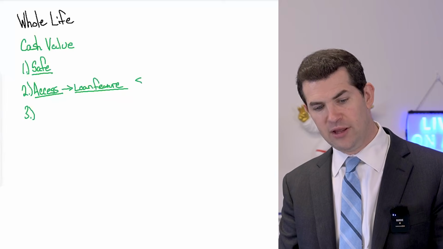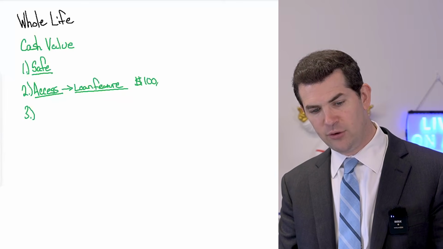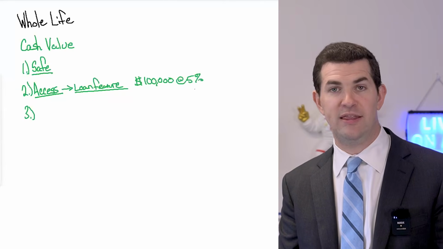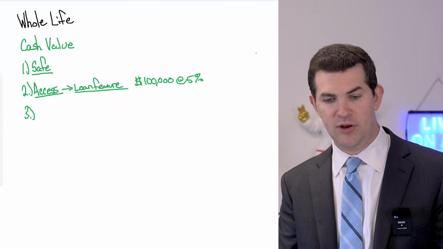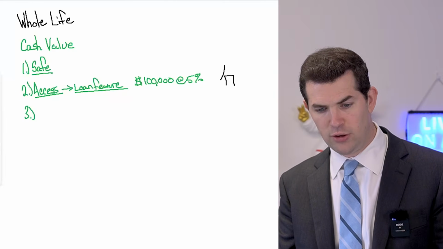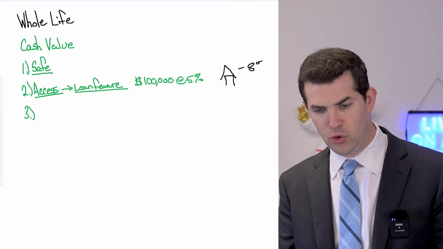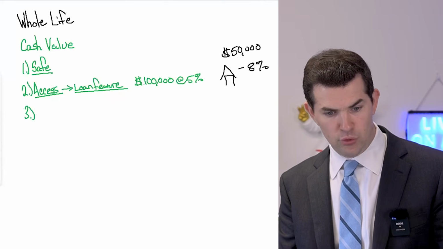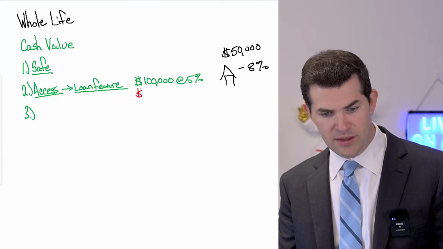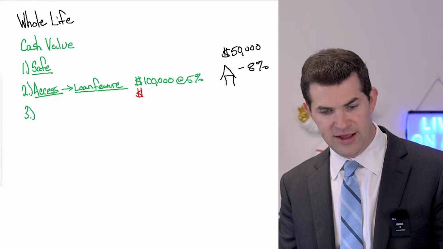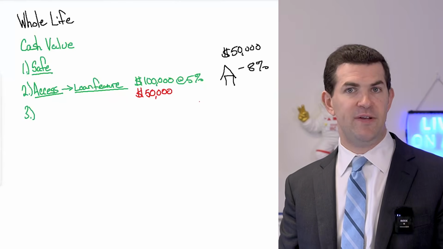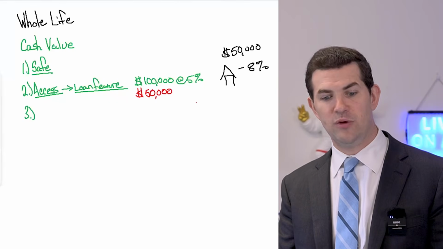So for example, if you have $100,000 in cash value with a whole life insurance policy, and we'll pretend that it's earning 5%, and you see an opportunity over here, call it real estate, that can produce you 8%, but you need $50,000 to get into this deal. Well, how people use whole life insurance and the loan feature is they'll say, I've got 100 grand in cash value. I can loan up to 100,000. I'm going to loan $50,000 to acquire that real estate deal.